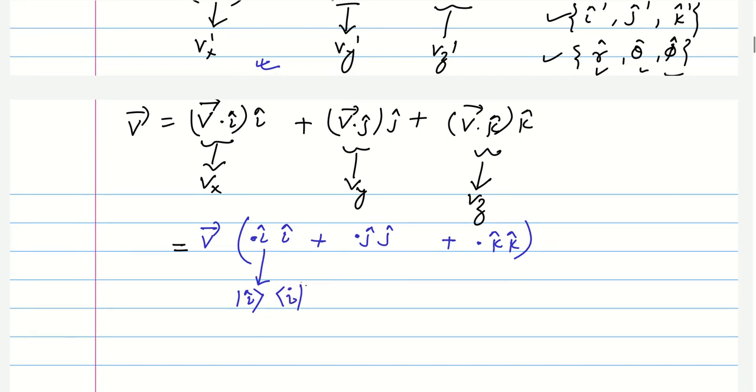Okay, so this is the operator notation you are doing, and you will operate with j, k, and now here you will operate it on vector v.